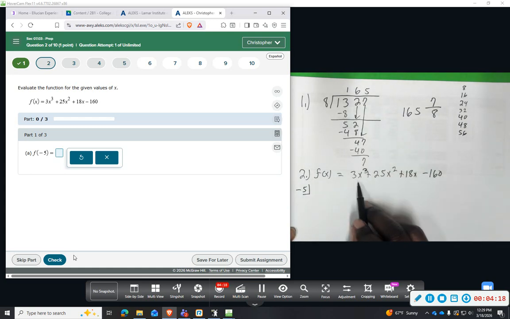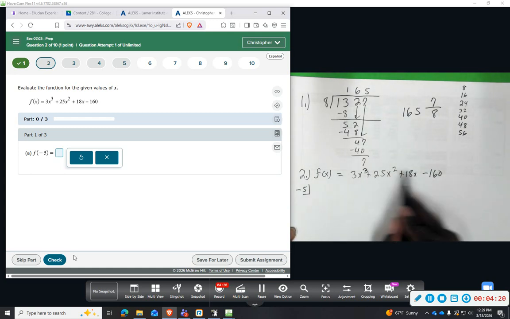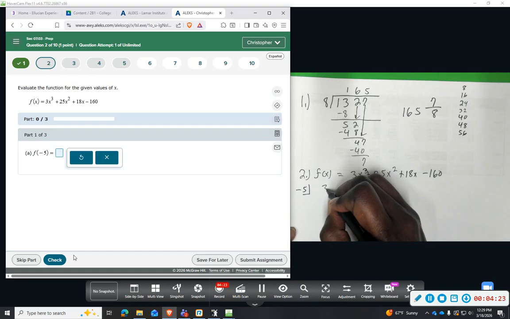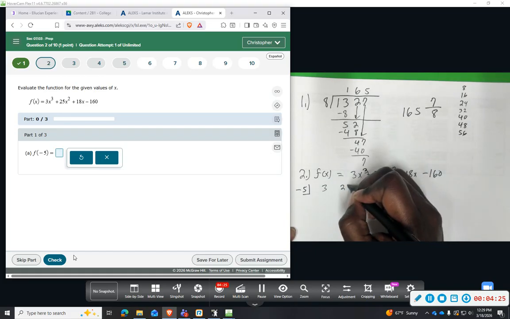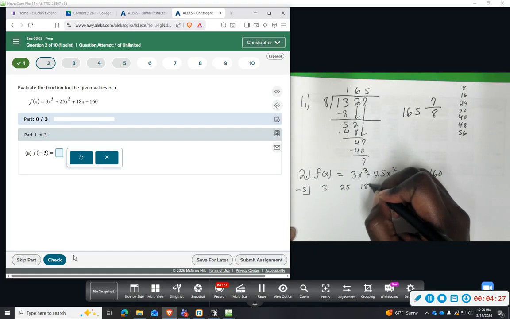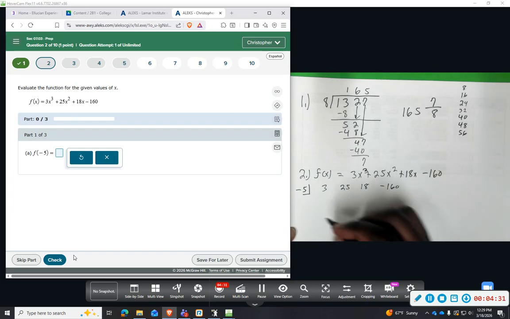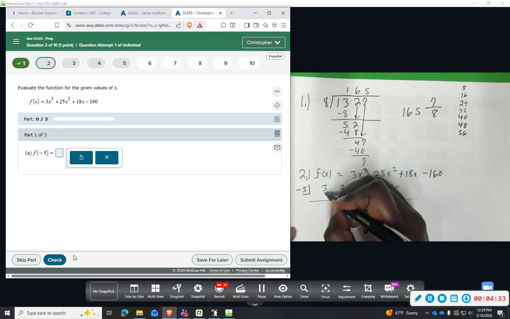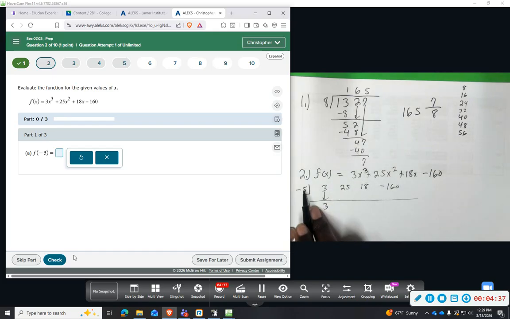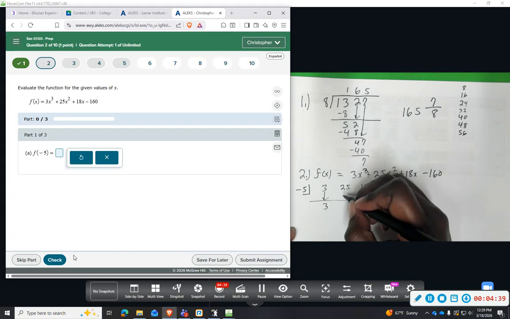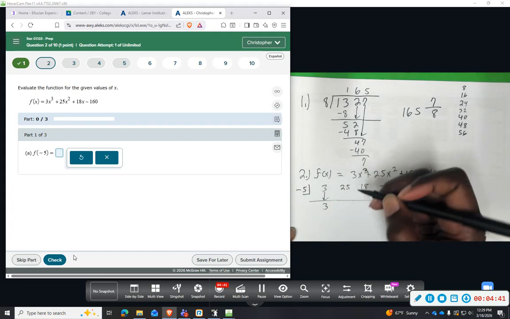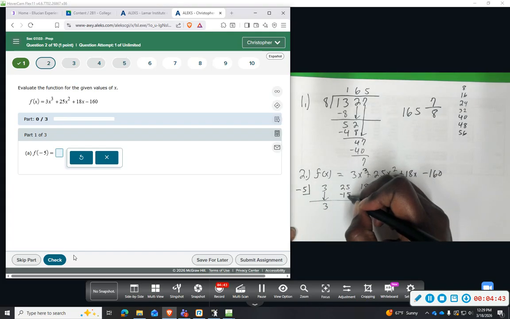So I'm going to list my coefficients. We've got x to the 3, 2, 1, 0. All of our terms are in order. So 3, 25, 18, -160, just the coefficients. Skip a little space, bring the first number straight down. Then below the line, you multiply -5 times 3, -15.